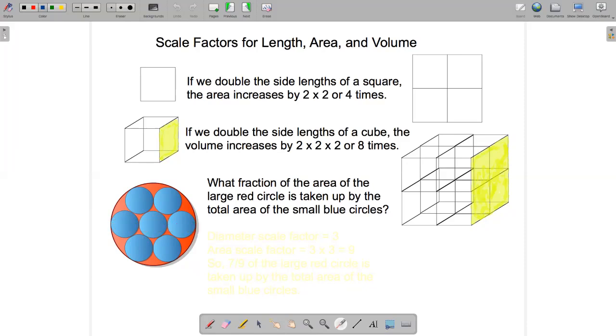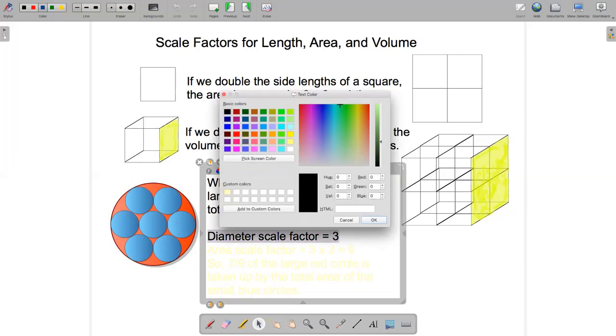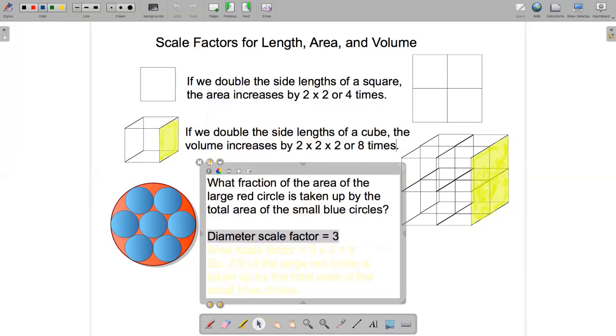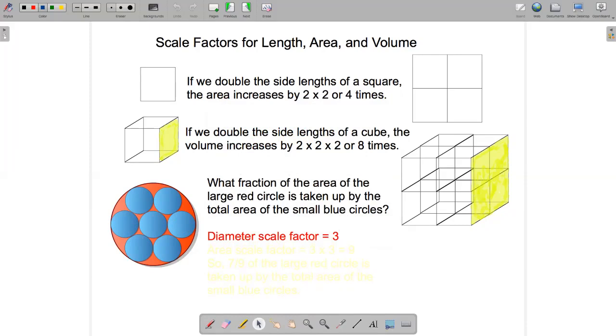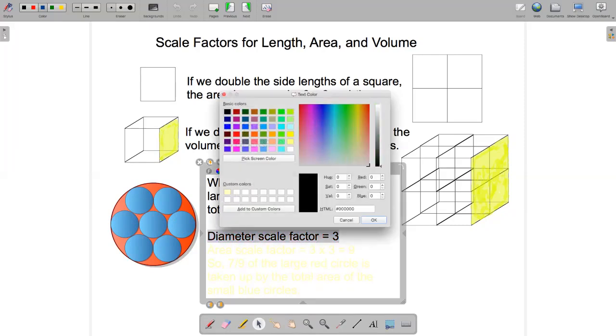So if I think about scale factors for diameter, the diameter scale factor is 3. Okay, because the red circle diameter is 3 times as big as the blue circle diameter. I didn't mean to color that red, I meant to color it black. There we go.